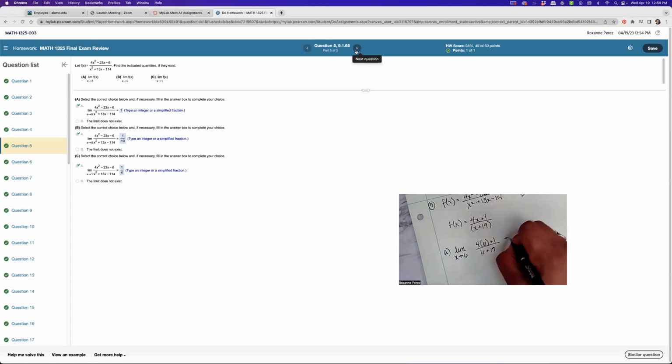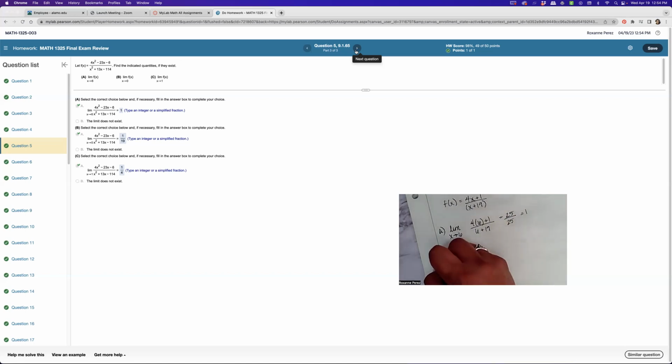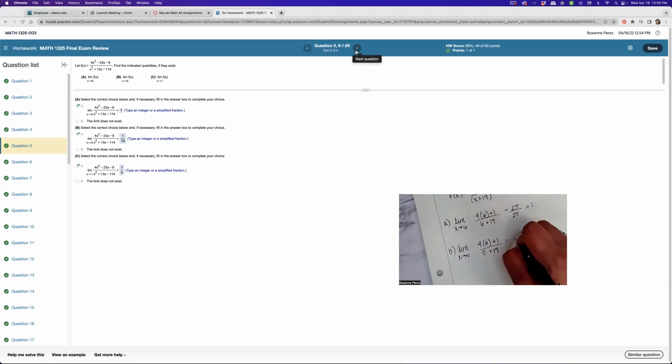That's 24 plus 1 gives us 25 over 25, which equals 1. All right, part B, the limit is approaching 0. So 4 times 0 plus 1 over 0 plus 19 equals 1 over 19.